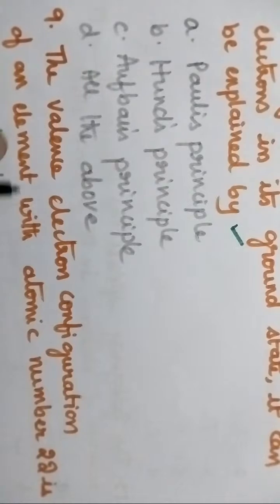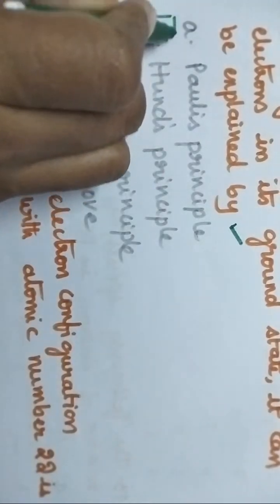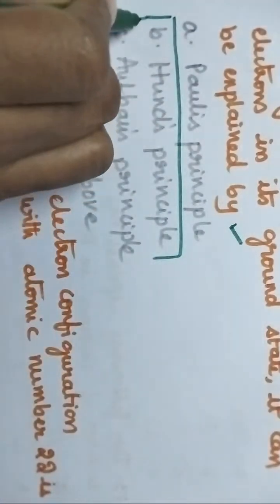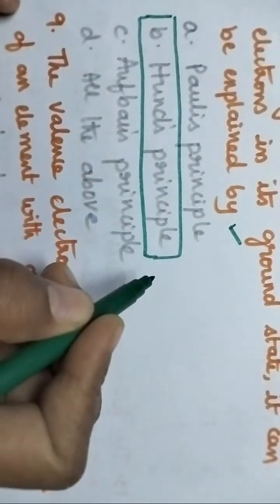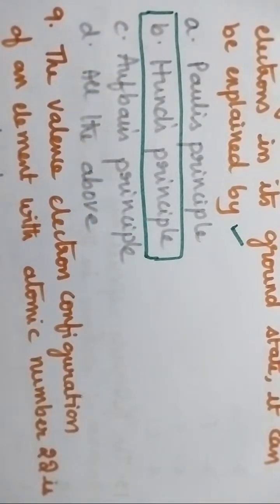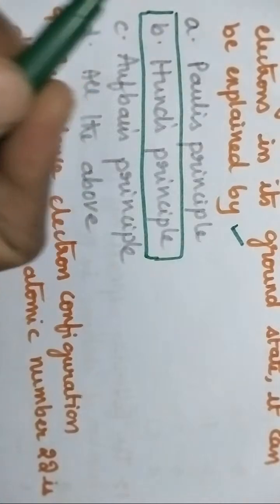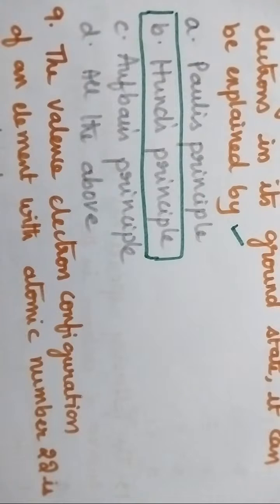Mahendra, very good. Based upon Hund's principle, we can explain that degenerate orbitals having half-filled configuration are more stable. So the stability of nitrogen accounts for Hund's principle.